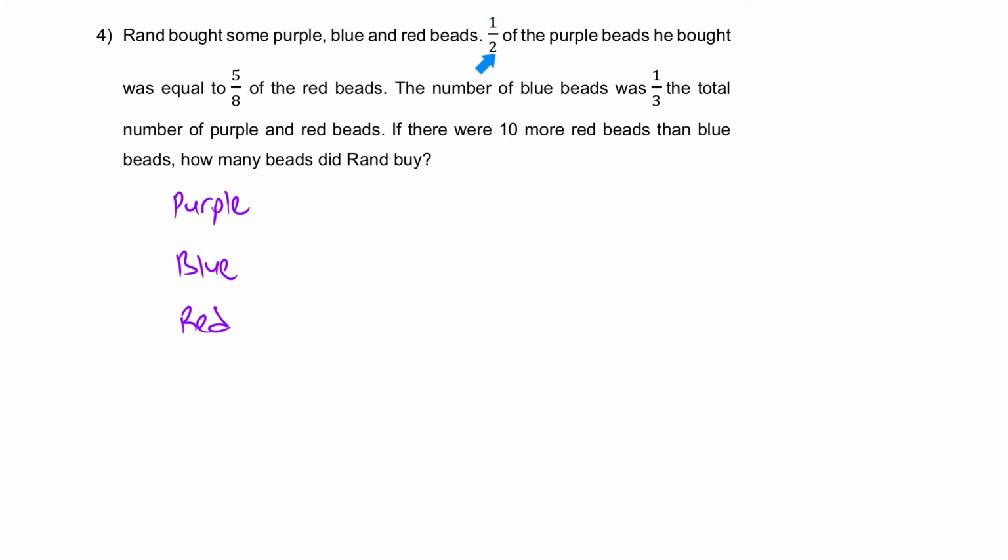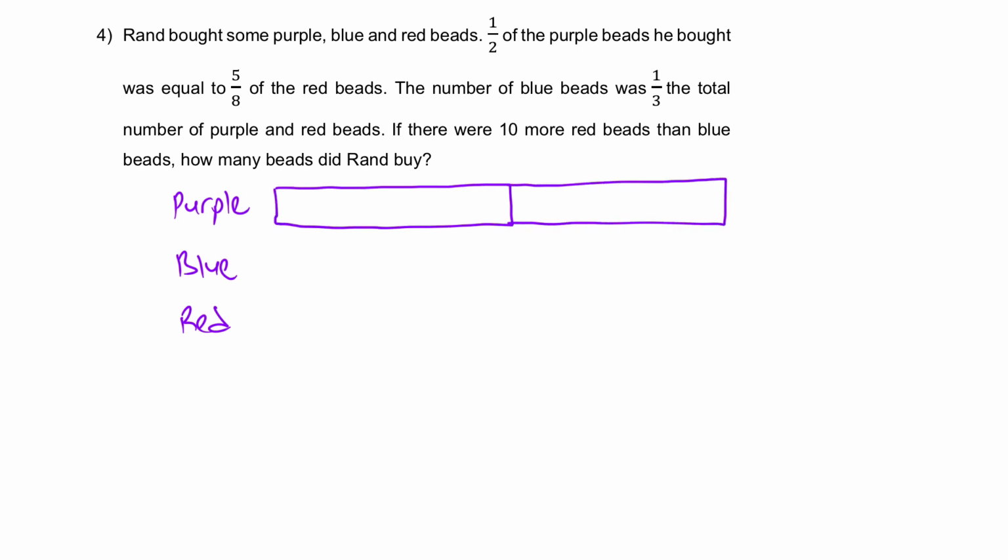First information, half of the purple beads. All right, so we're going to draw one out of the 2 units. We're going to draw half. So we're going to draw 2. Now let's focus on this. Half of the purple is equal to 5 units of the red.